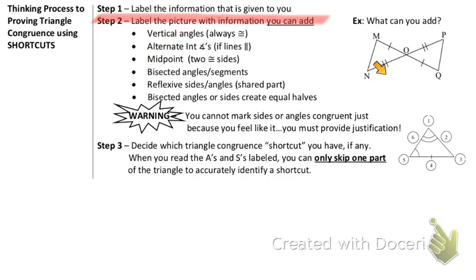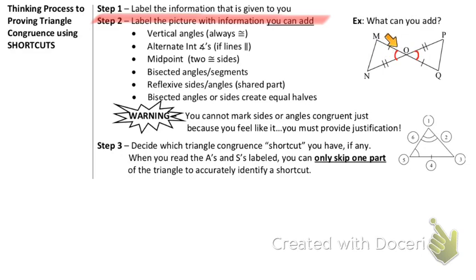So if you look at this in step 2, if I was doing this problem, what I would notice is that this is actually vertical angles. So this is an example of how step 2 would be done. And you always want to draw whatever you know about step 2 into your drawing, just like I did here.